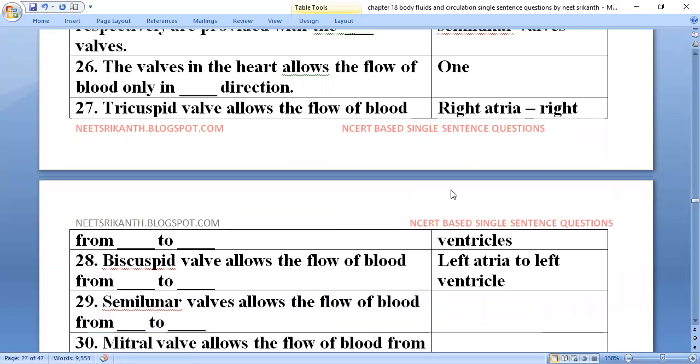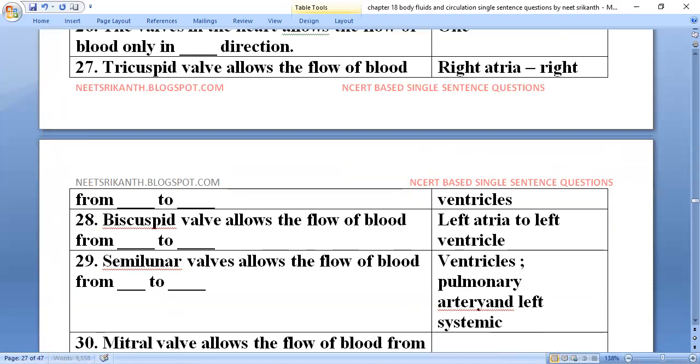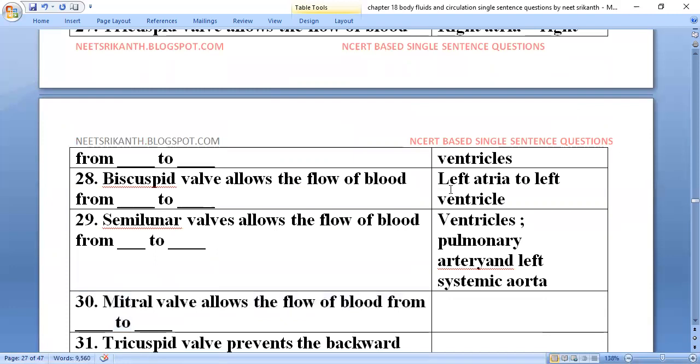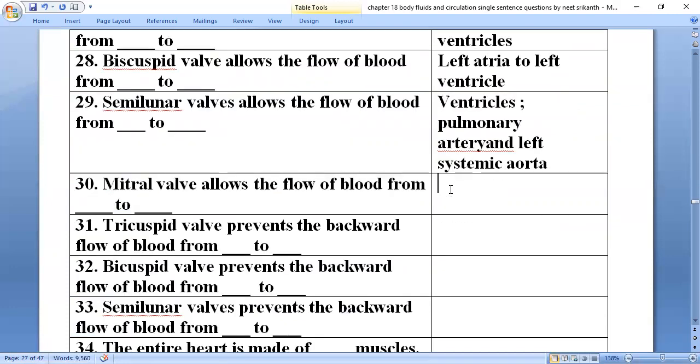Semilunar valves allow the flow of blood from ventricles to the pulmonary artery and left systemic aorta. Mitral valve, nothing but bicuspid valve, allows flow from left atrium to left ventricle.